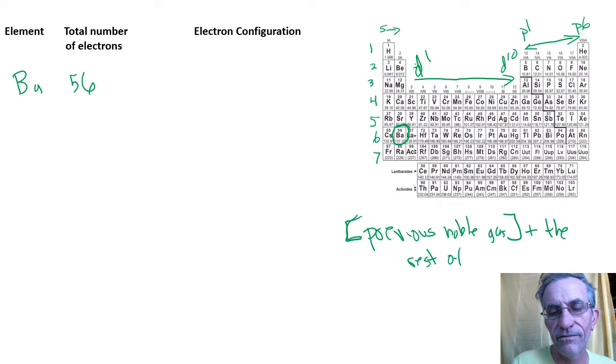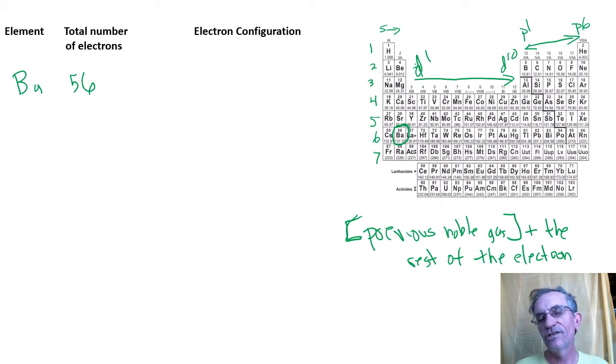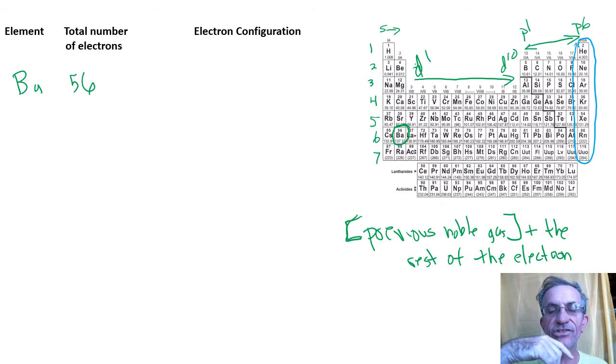What does that mean? Let's start with the words previous noble gas. A noble gas is something in column 8A. These guys right here, those are your noble gases. So we're going to write a noble gas in the bracket, the previous noble gas, and then we're going to write any electrons that come after that.